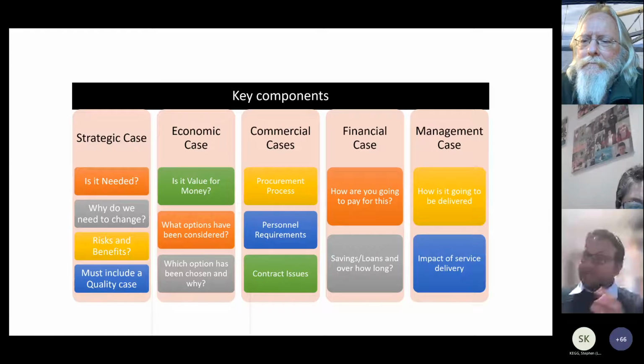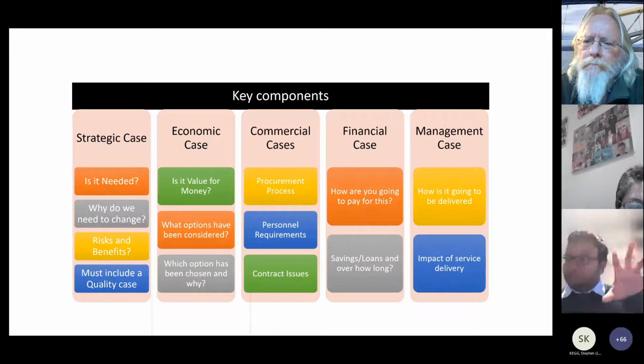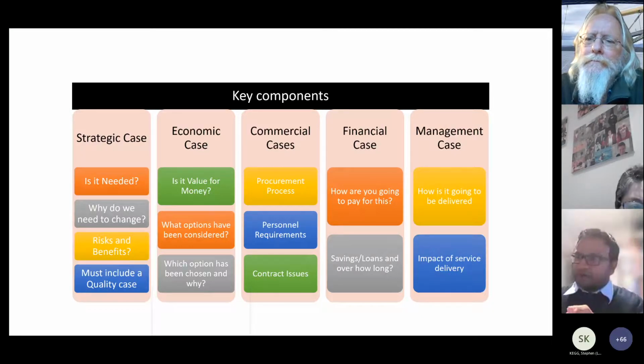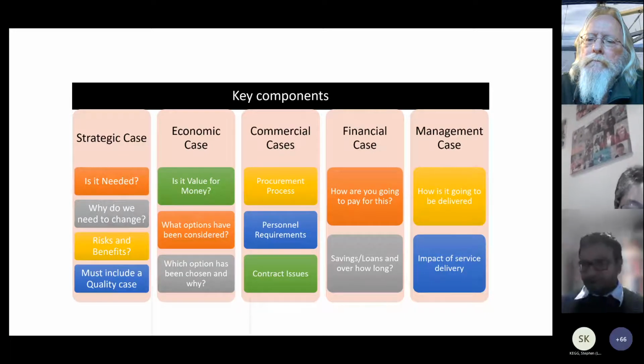So it's far easier to put them into more bite-sized projects. And because each project is smaller, you might be able to get them to do a business case for a particular project rather than trying to do the whole program in one go. That's what other areas have found, not just in the NHS, but in the public sector.